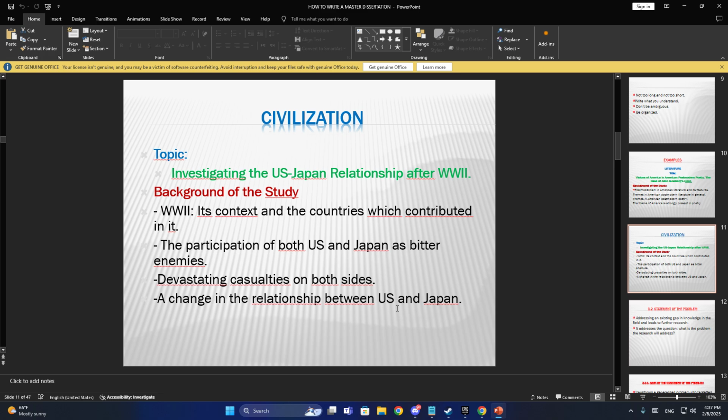If we take another topic in civilization and see what to write in the background of the study, say the topic is investigating the United States-Japan relationship after the Second World War. We always start with general ideas related to my topic, moving to the specific, the target topic of my dissertation.